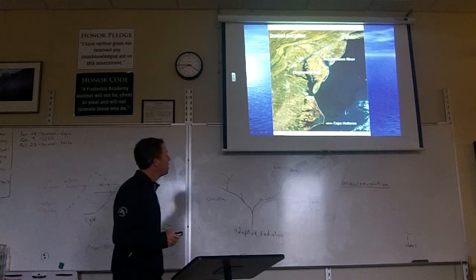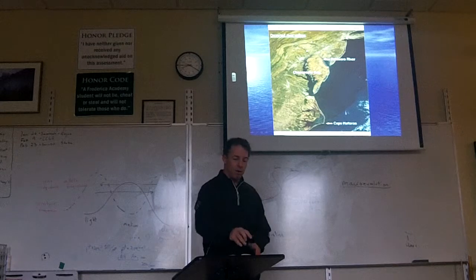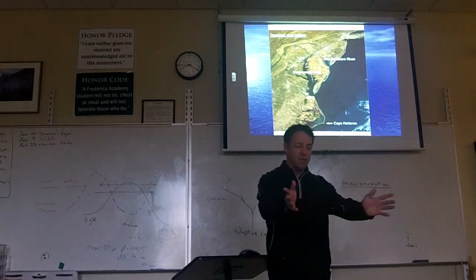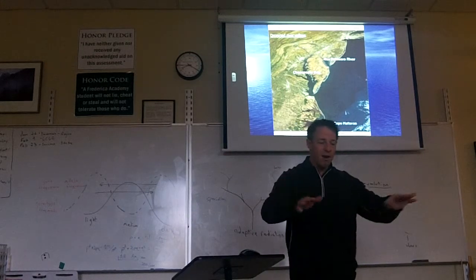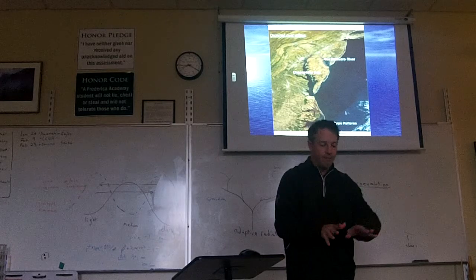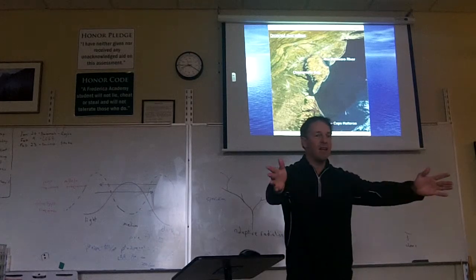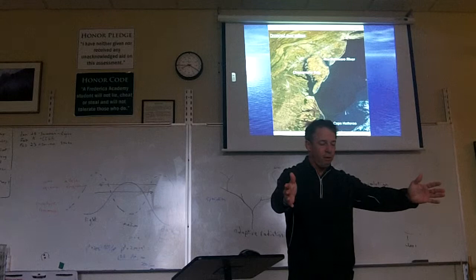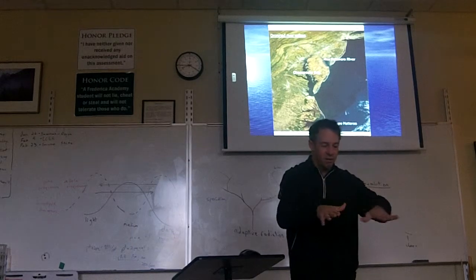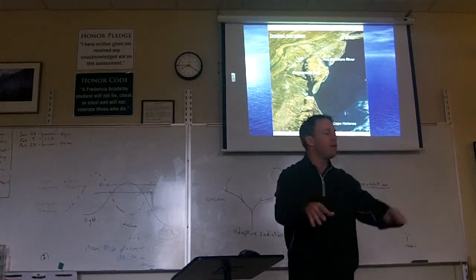Where a river goes into the ocean, it gets wider and fans out like this, and the elevation gradually drops off.